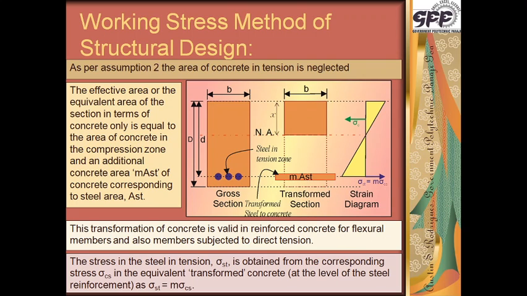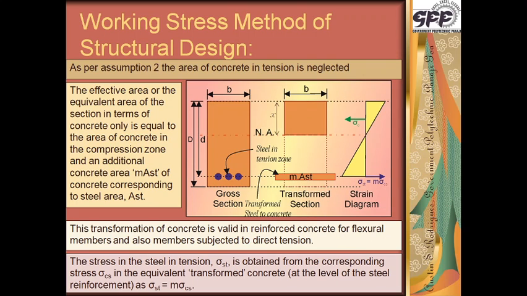Now this transformation of steel in the tension zone into concrete is valid in reinforced concrete for flexural members and also for members subjected to direct tension. There are some special cases when members can be subject to direct tension also.